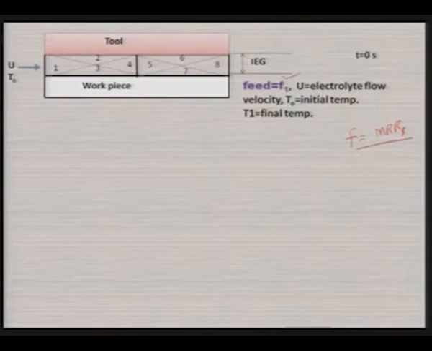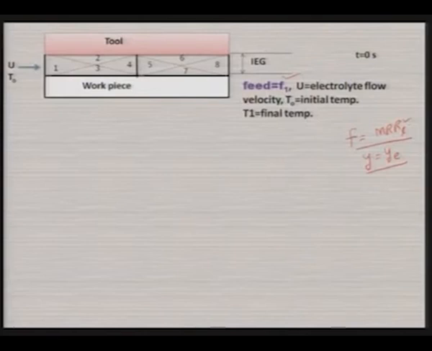Then you will get inter-electrode gap all the time as YE, but that is also not very true, because as the electrolyte flows along the flow direction, the temperature of the electrolyte is changing. If temperature is changing, electrolyte conductivity will change, and if conductivity is changing, then current density will change, and if current density is changing, then linear material removal rate will be different at different points.